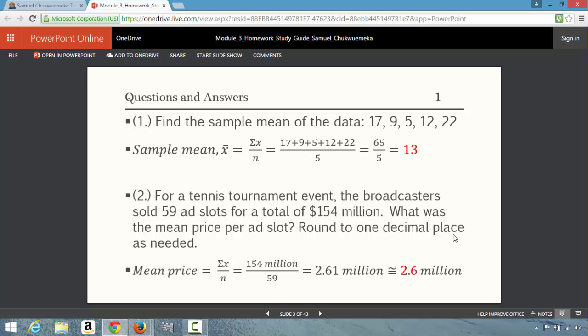Round to 1 decimal place as needed. So the mean is also sigma x over n, which is 154 million divided by 59. And you get approximately 2.6 million.